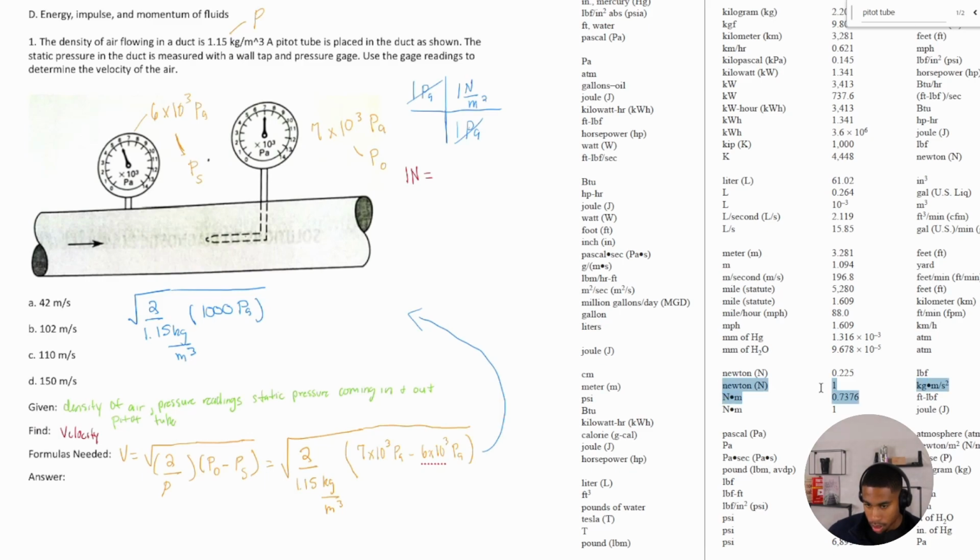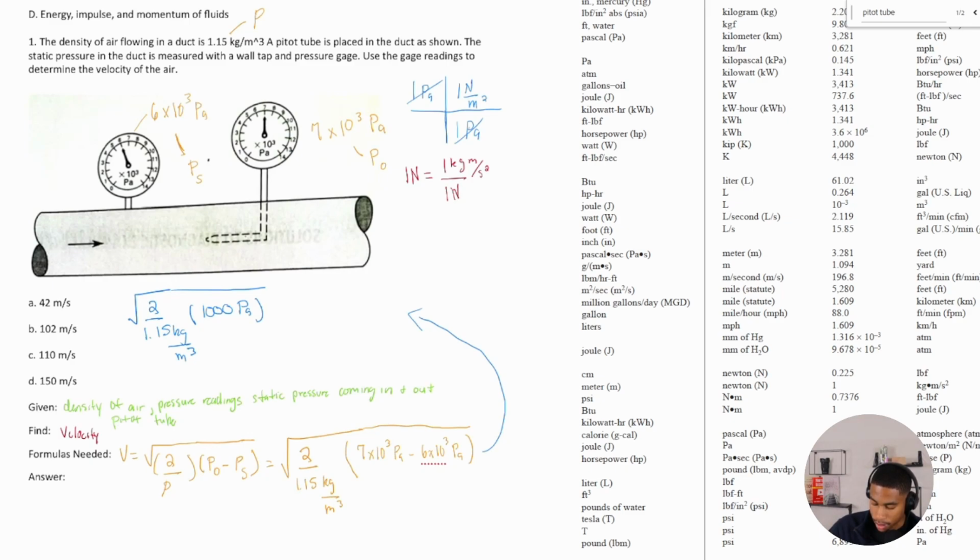So 1 Newton is equal to 1 kilogram times meters over second squared. One kg m over second squared.